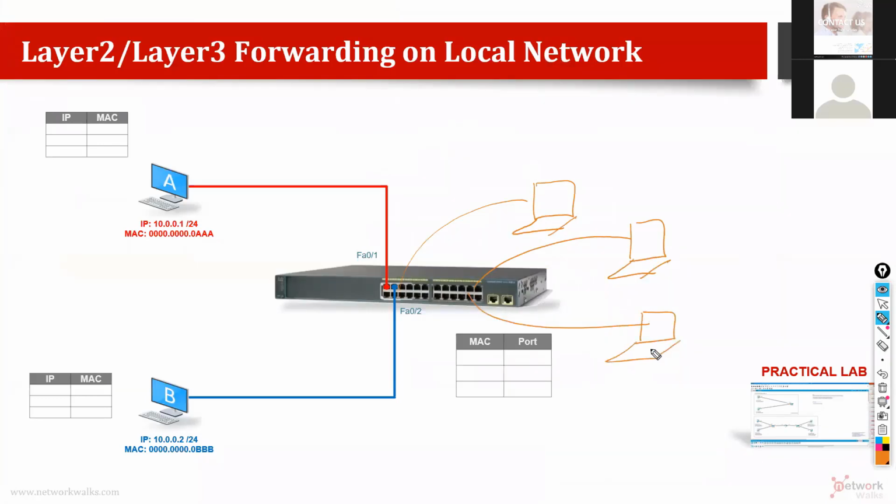So Movimba is saying, if we ping from A to B, will the switch have 5 entries now or not? Because we also have computers A, B, C, D, and E. Anyone can answer? Yes, on the switch, Tommy. He is asking, if we ping between A and B or A and E, how many entries will be there?